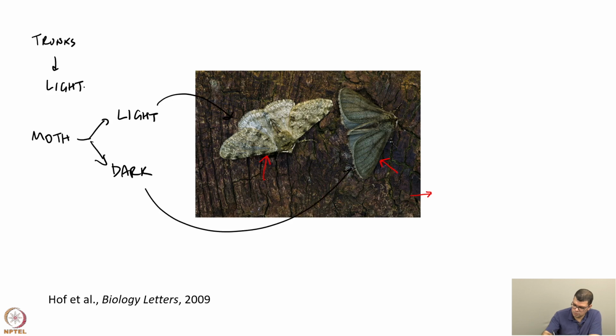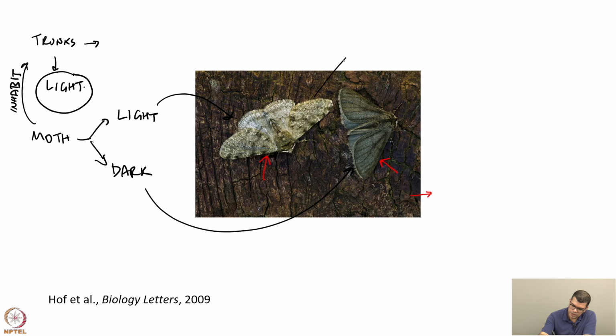Now imagine that the trunk is light; the trunk is also the environment, the place where the moths inhabit. So, this is where they live, and while this is going on, which of these two variants is going to be at an advantage compared to the other one?